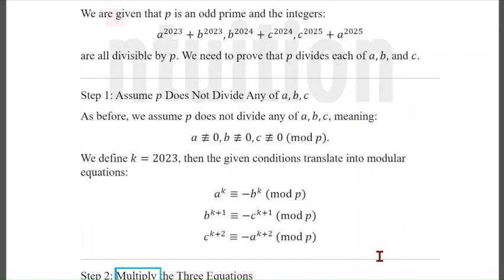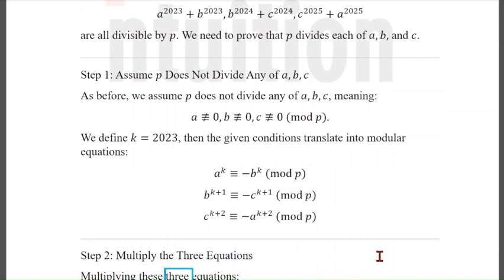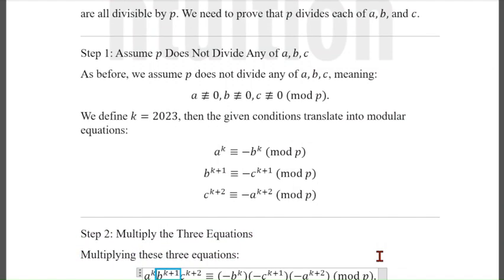Step 2. Multiply the three equations. Multiplying these three equations, a^k b^(k+1) c^(k+2) is congruent to (-b^k)(-c^(k+1))(-a^(k+2)) (mod p).